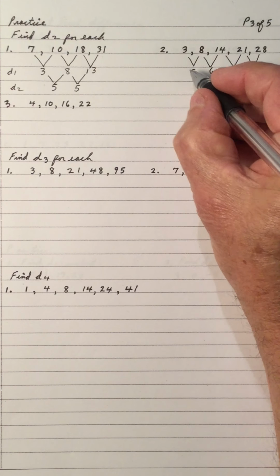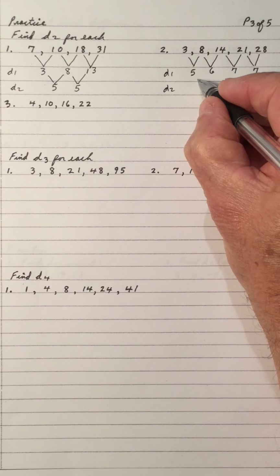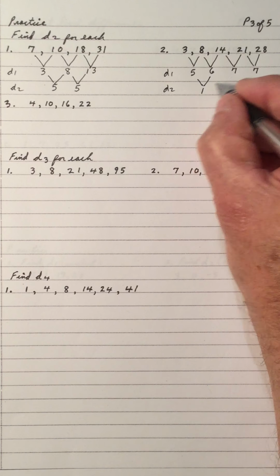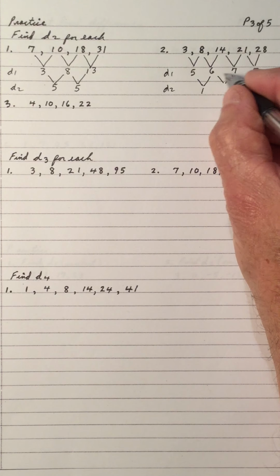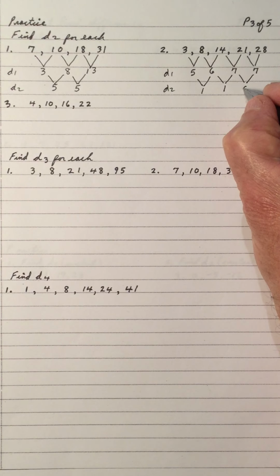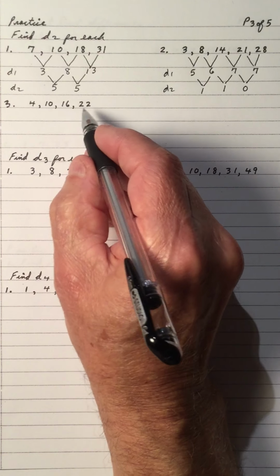And keep going, that's D1. Let's do D2. 6 minus 5 is 1. 7 minus 6 is 1. 7 minus 7 is 0. So we do a D1 and then a D2.